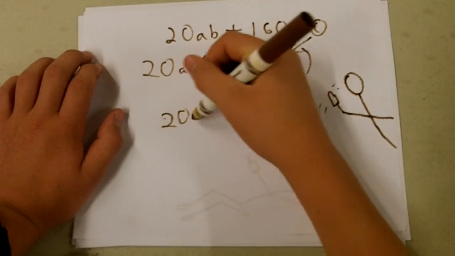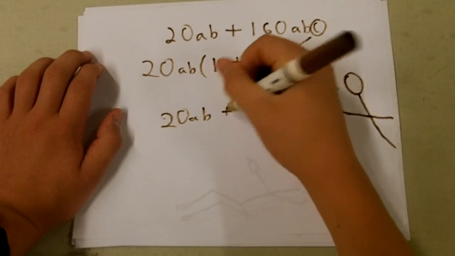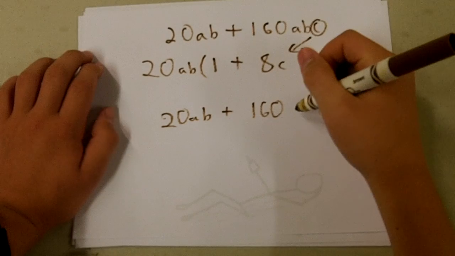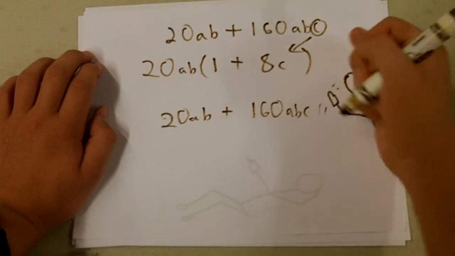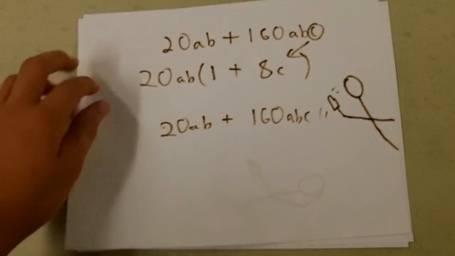Multiply it out, we get 20ab plus 160abc, which is our answer up here.